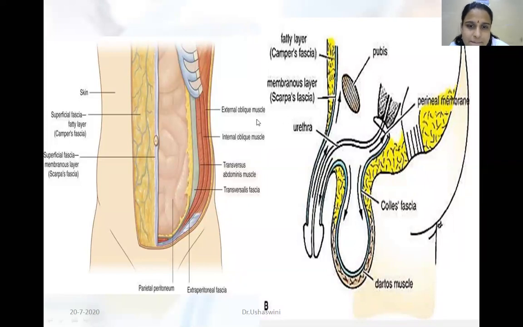The muscles actually consist of three broad thin sheets, namely the external oblique, the internal oblique muscle, and the transversus abdominis muscle with their respective fascias. Now, these muscles turn into an aponeurotic layer as they come anteriorly.